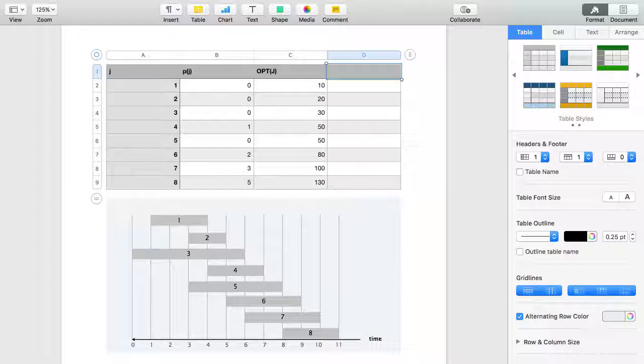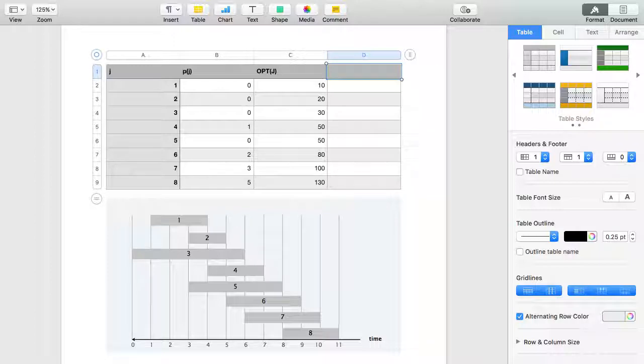How long does this take me? It's definitely shorter, because you're looking at every job once I have sorted and calculated P of j. How long did the OPT part take me? It's order of n, it's linear. Does that make sense? Now, how long does sorting take? N log n.